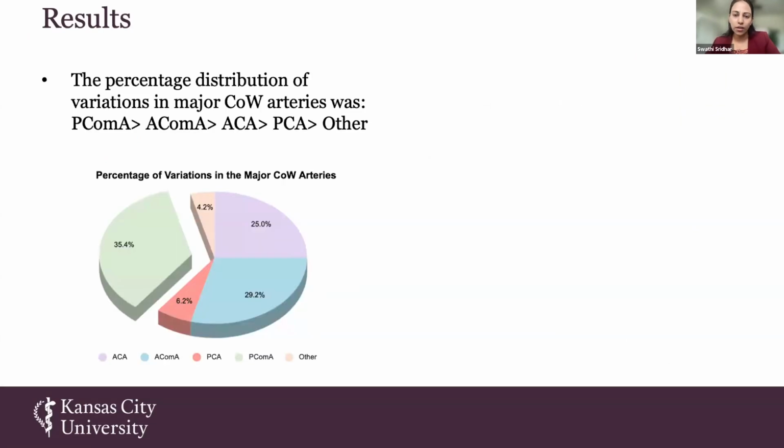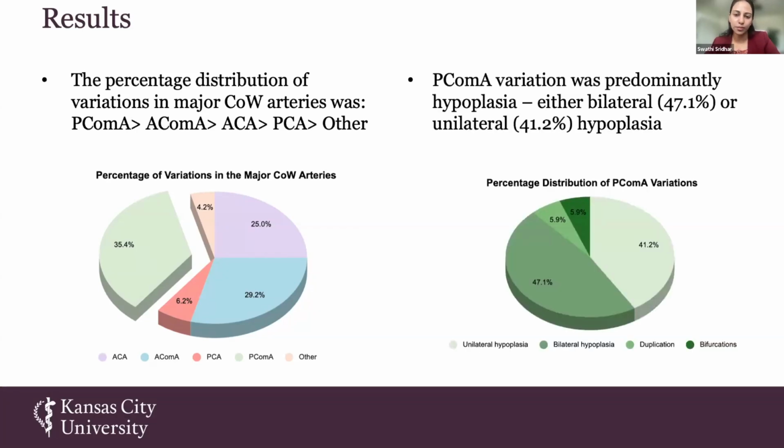And among the vessels that showed variation, in descending order, the percentage distribution of variation was seen in the PCOM, followed by the anterior communicating artery, followed by ACA, PCA, and others, including the middle cerebral artery. And among the PCOM, the variation that was predominant was hypoplasia.